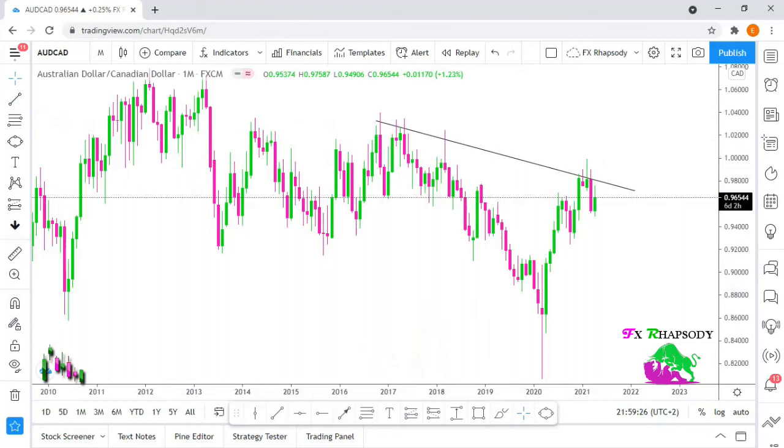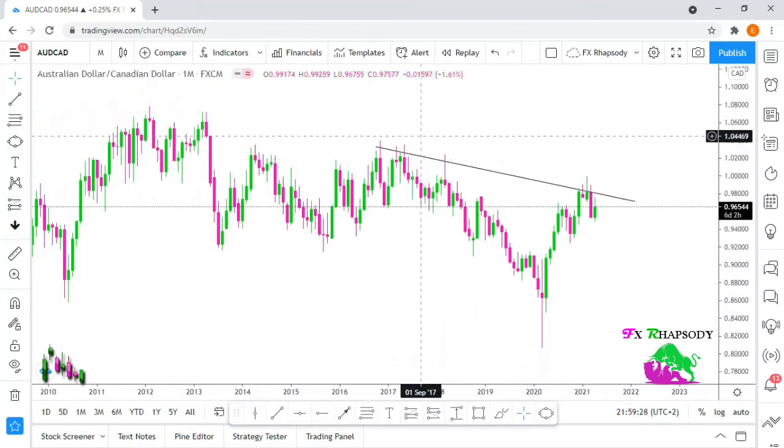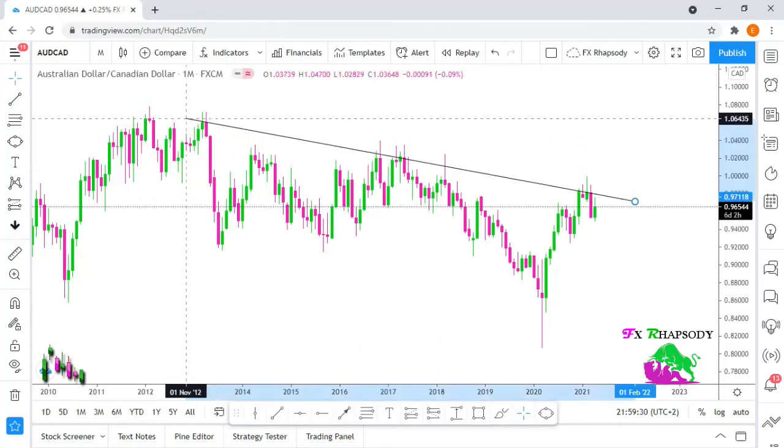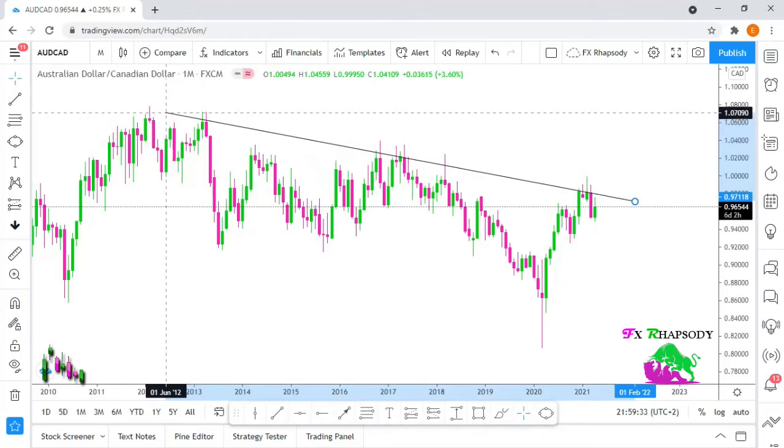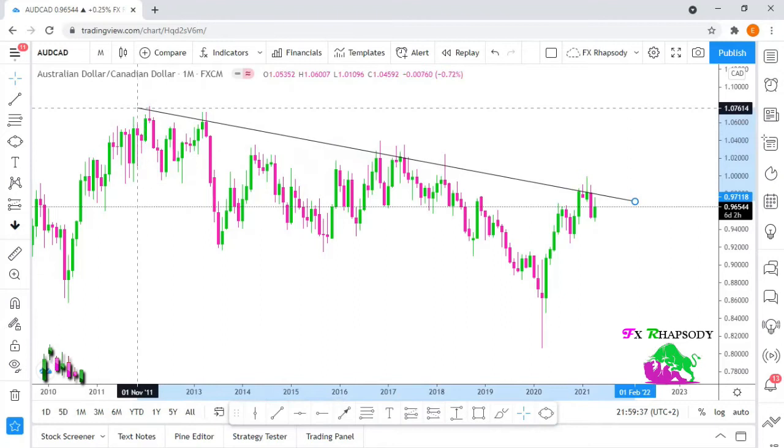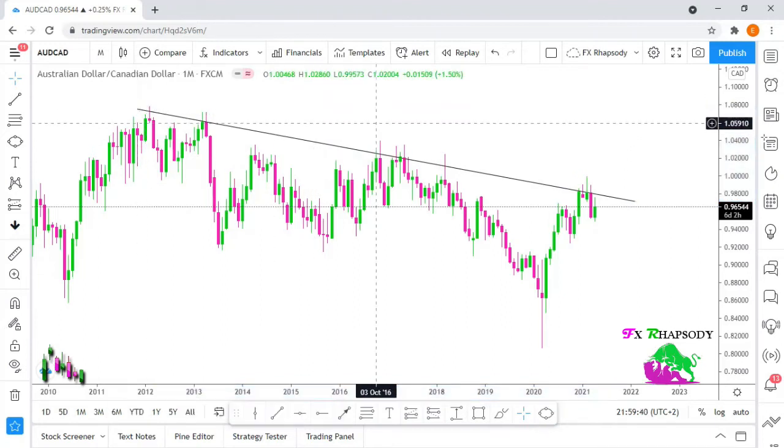Let me draw this one a little bit bigger. You can see it stretches all the way to the top here, even further up. There we go.